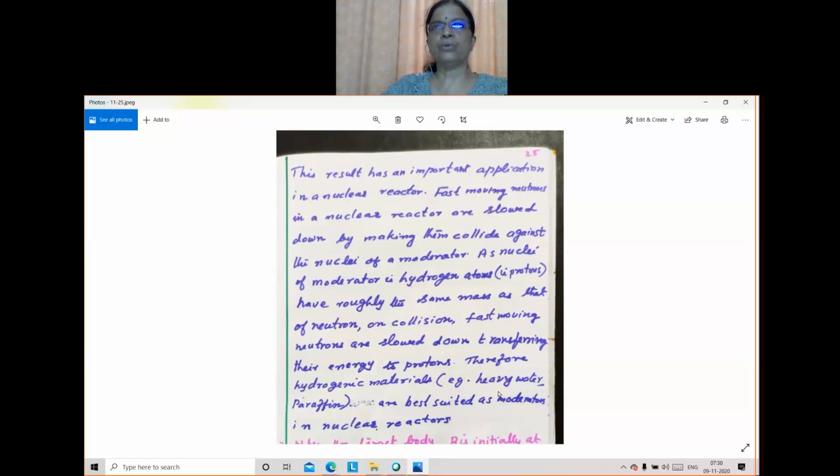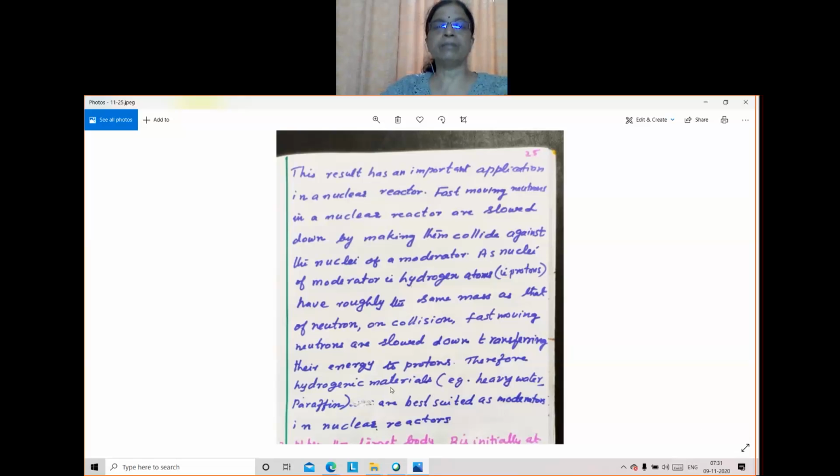So the neutron exchanges its velocity, the fast-moving neutron is slowed down, and heavy water is almost at rest. Understand? That principle is applied here. If two bodies are of almost equal mass, after an elastic collision in one dimension they exchange their velocity. That principle is utilized here to slow down the fast-moving neutron.